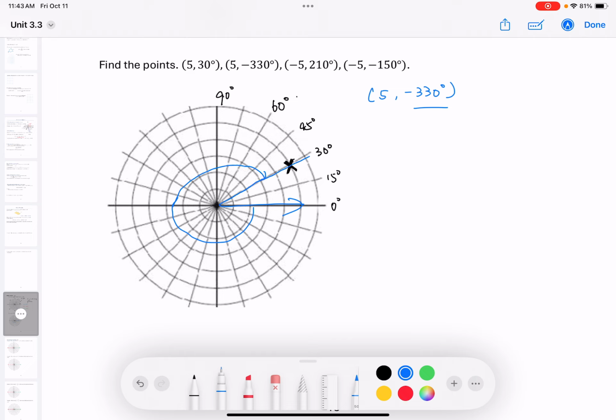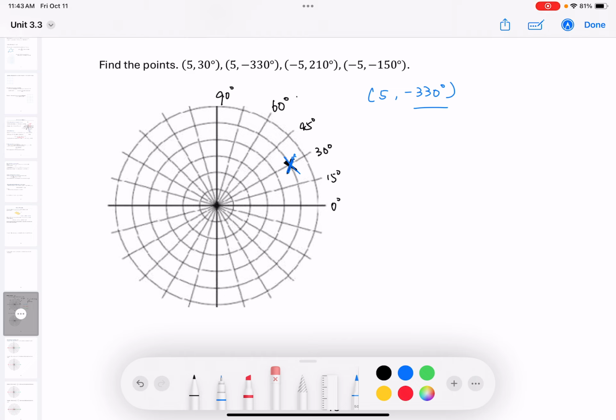This is the terminal side. So what is the r? R is 1, 2, 3, 4, 5. Okay, I highlight this point again. They have the same point. So the first point and the second point are the same point, but with a different expression.